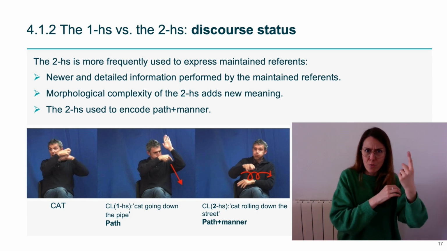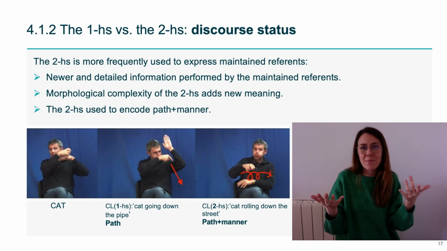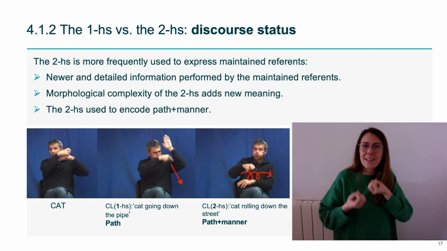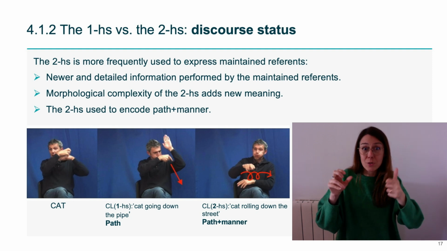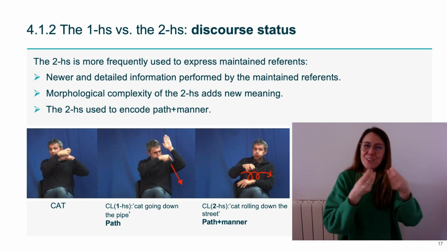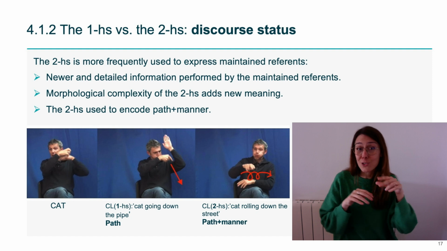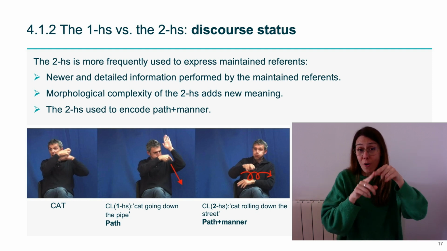And this is also in line with what we found before in the expression of manner. And so a more morphologically complex handshape, like the two handshape, is indeed used to encode together path and manner.